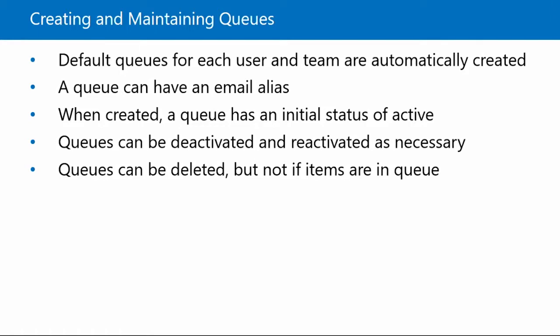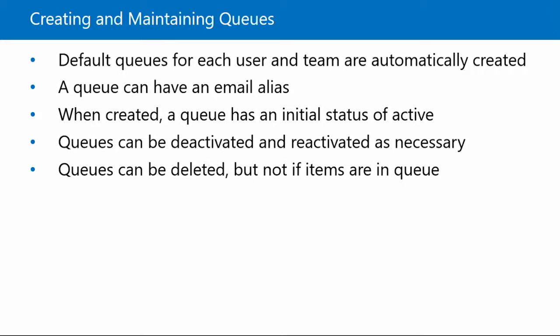However, a queue can only be deleted if there are no items within that queue, which means if it is determined that a queue needs to be removed from the system, the first step is to take all of the items that are currently in the queue and reroute them to a different queue, or as necessary, simply delete the queue items. Now keep in mind, deleting the queue items does not necessarily delete the records that are tied to them. Once that's done, then the queue can be deleted.